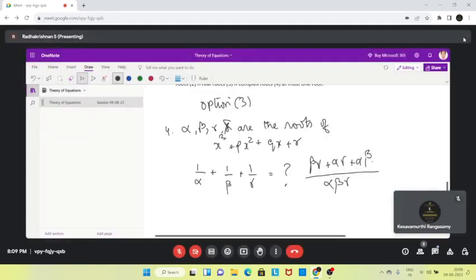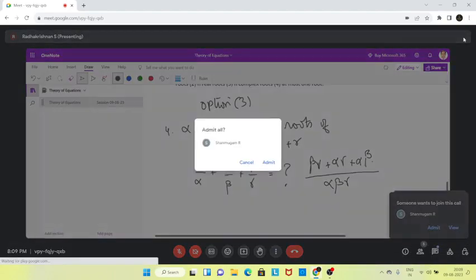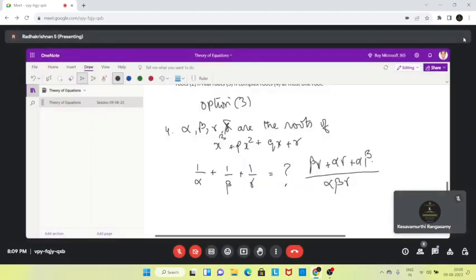That is right. Okay, so what is the value of the first one? I'll write it like this: alpha beta plus beta gamma plus gamma alpha. What is the value of this? Q, sir. C by A, sir.